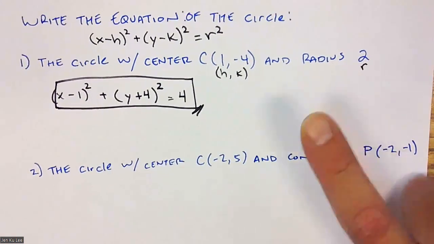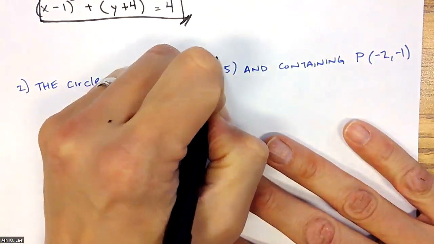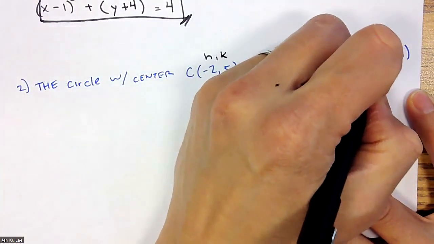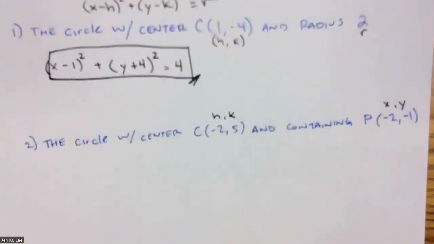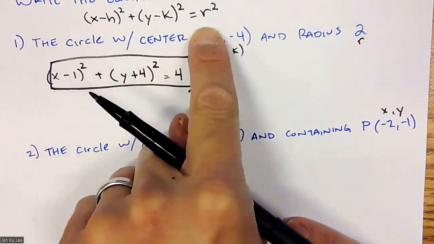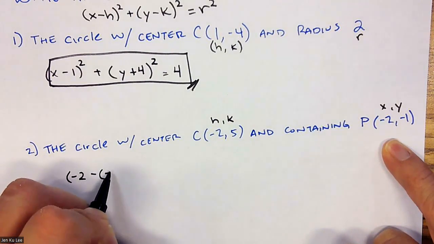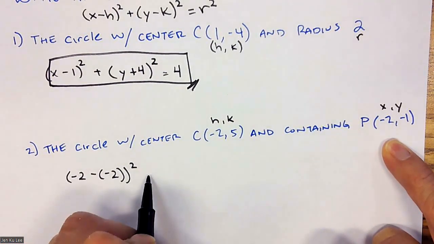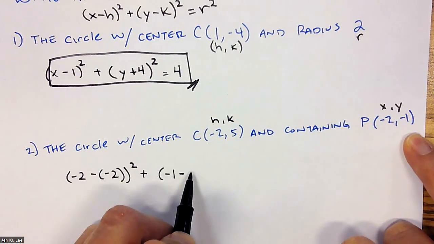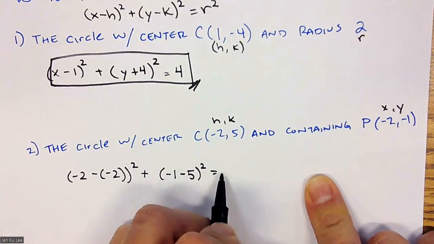All right. Number 2, the circle with center C, center again, h, k, and containing point P. This is x, y. Okay, so if I do it simultaneously with the equation up here, x minus h would be -2 minus -2 quantity squared plus y, which is -1 minus 5, which is k, quantity squared equals r squared.